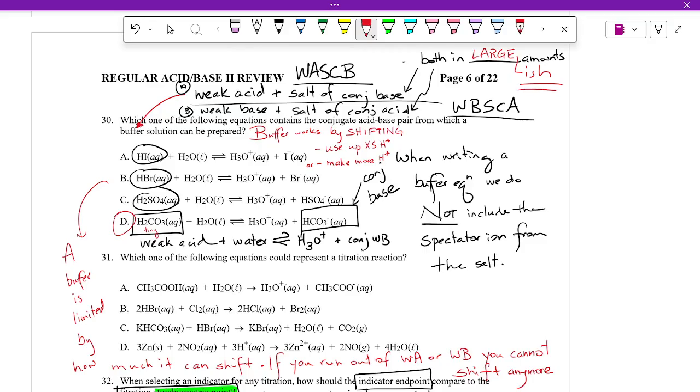They don't have to be huge, but they have to be big enough that you're not going to add one drop of acid and run out of conjugate base to absorb that. That was a good question because it reviewed almost everything to do with buffers.